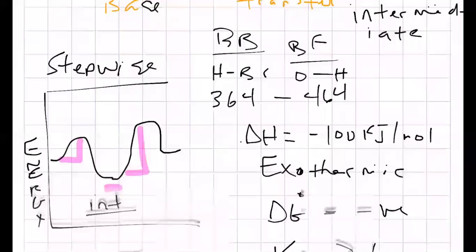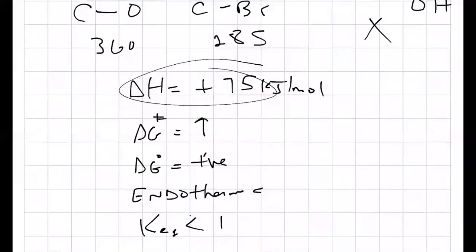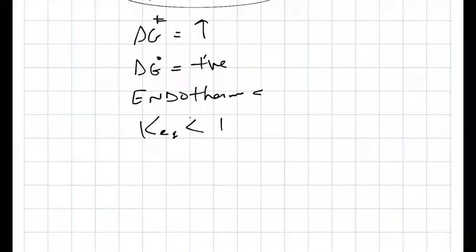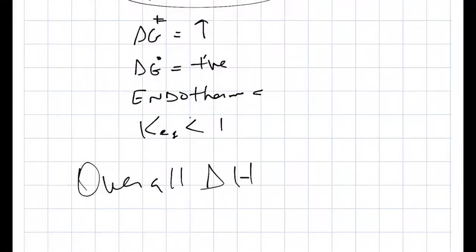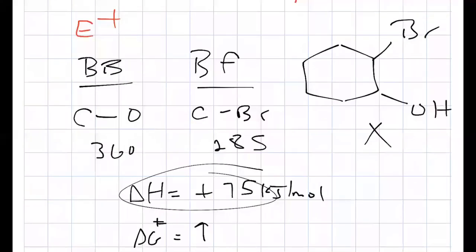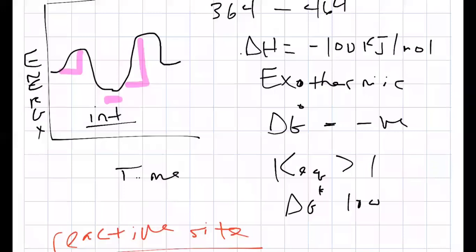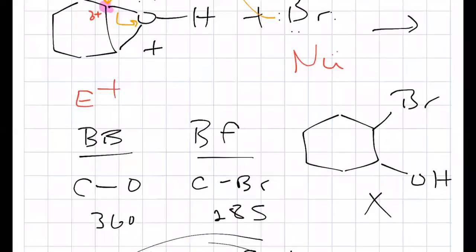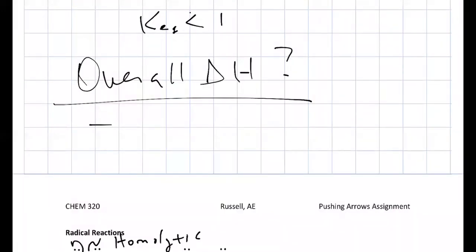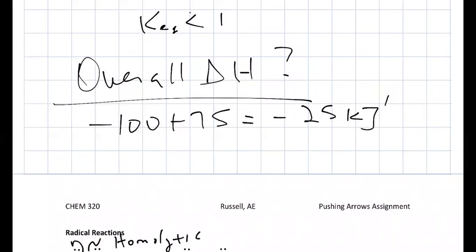So this is plus 75. So what's the overall delta H for the reaction? If one step is plus 75 and one step is minus 100, is it negative 25? It is. So the overall process is exothermic or endothermic?